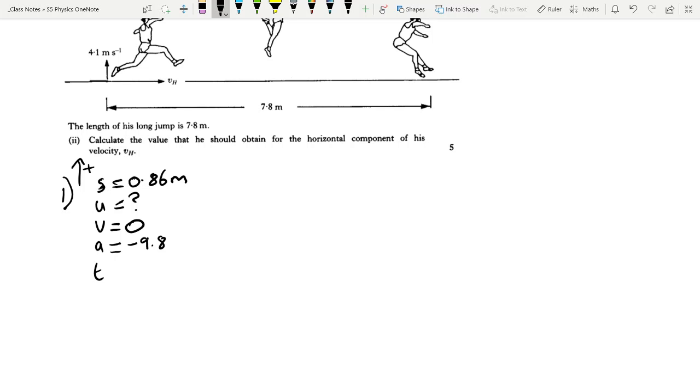So the equation we're going to use is v squared equals u squared plus 2as. So 0 squared equals u squared plus 2 times negative 9.8 times 0.86.